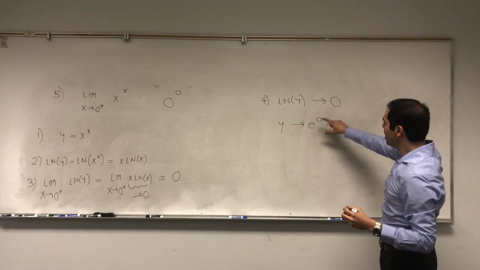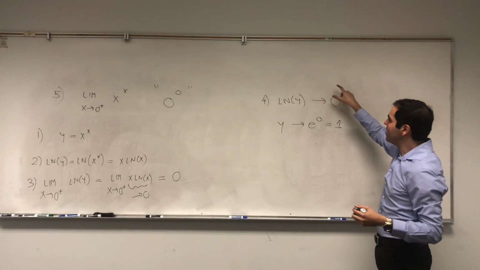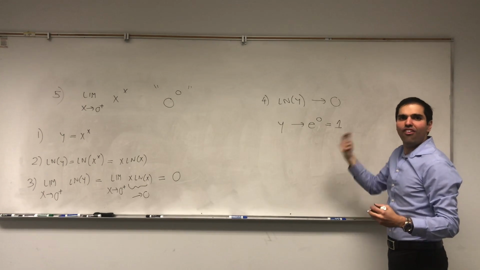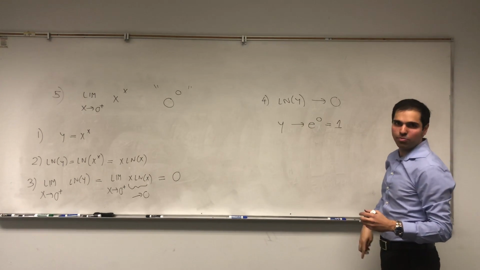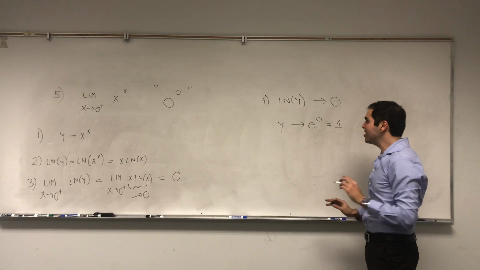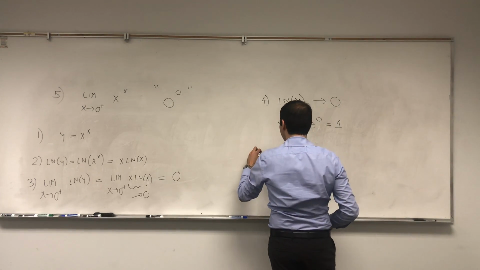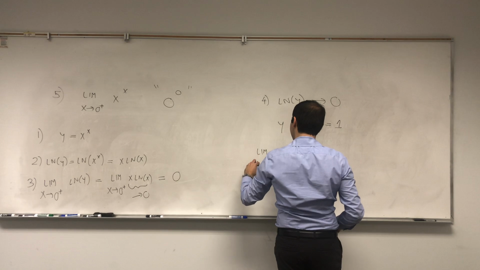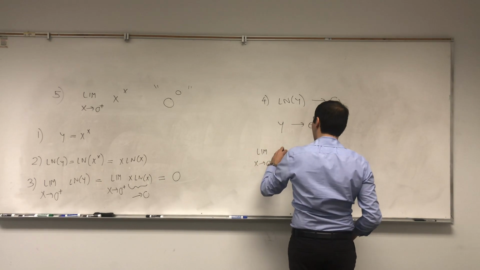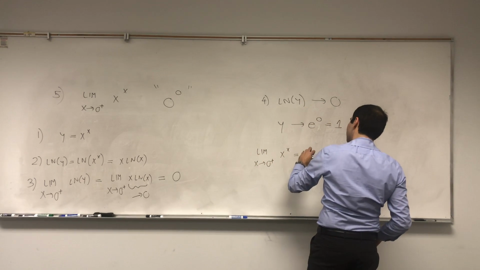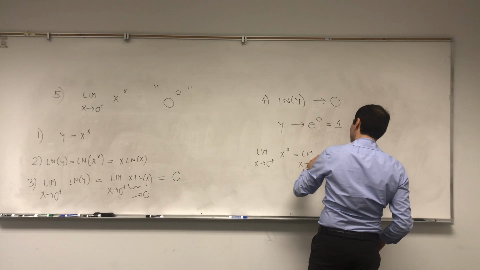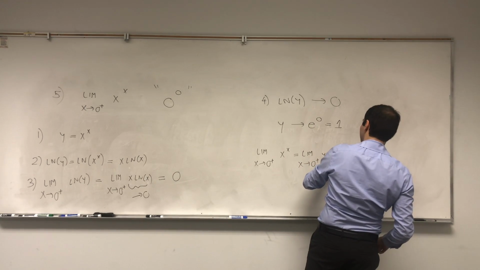And by the way, the fact that you can just exponentiate this limit follows from continuity of the exponential function. In general, this is a dangerous thing to do, but here we're okay, and therefore the limit as x goes to 0 plus of x to the x is the limit of y, and that's 1.